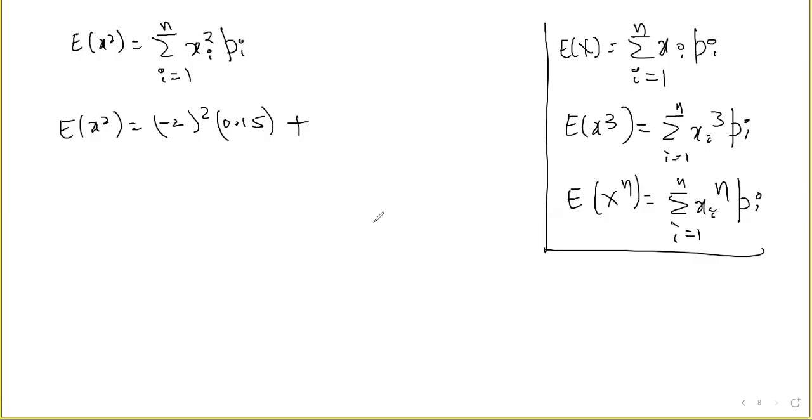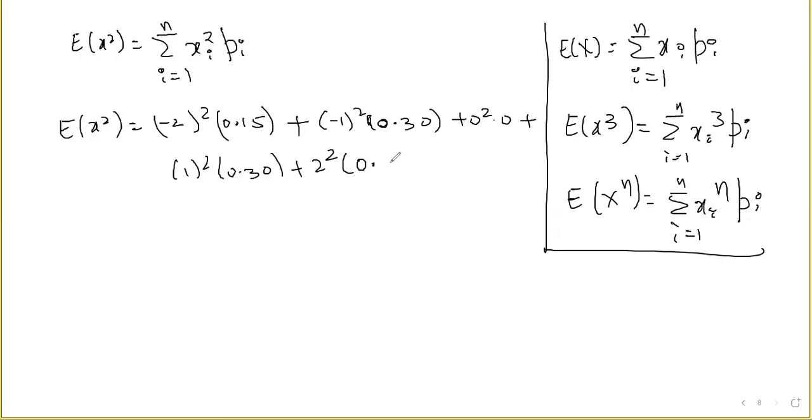Next is minus 1, so minus 1 square and its probability is 0.30, plus 0 square into 0, plus 1 square into 0.30, plus 2 square into 0.25.